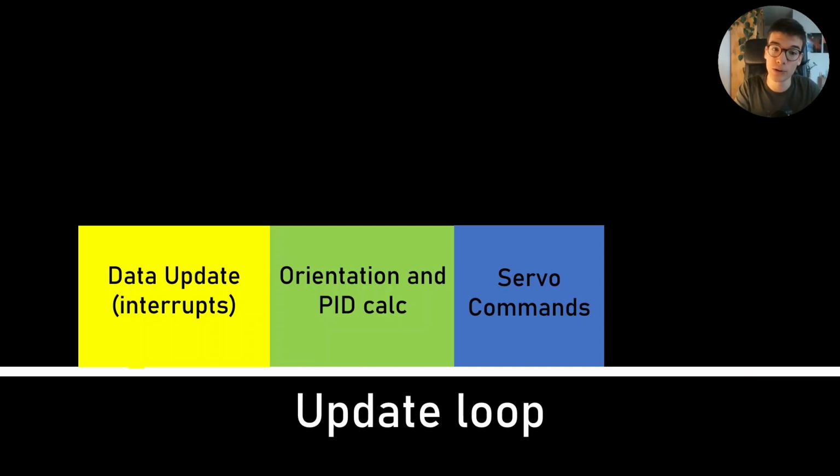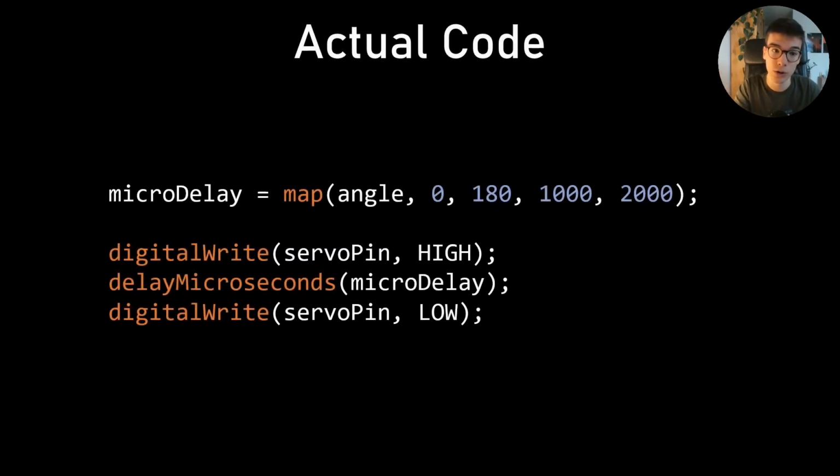The way I did this was by using this simple code, basically a digital write of the servo pin, then waiting a couple of microseconds, and then dropping the pin low again. And this every 20 milliseconds. So I basically manually send out the servo commands.